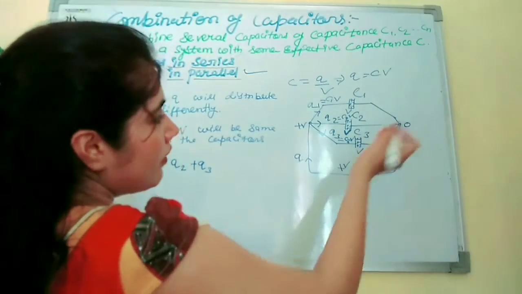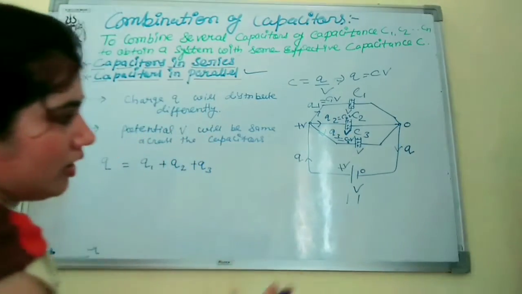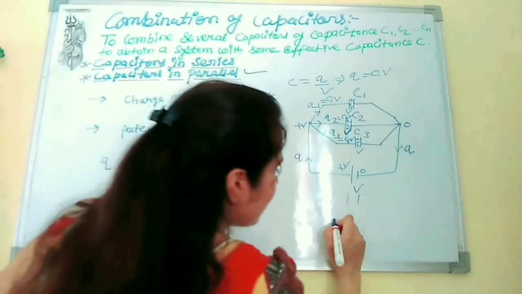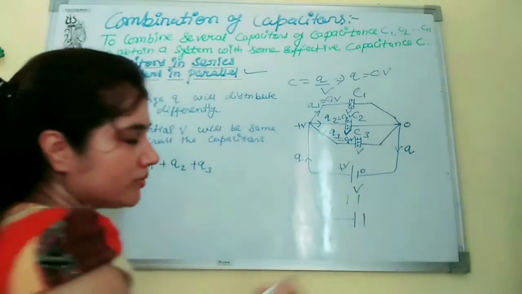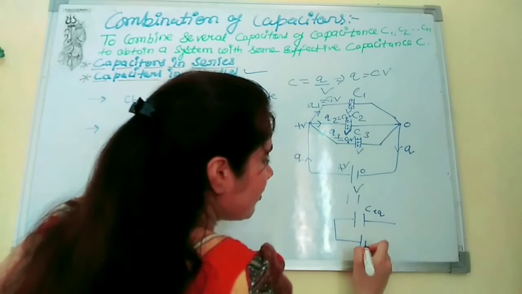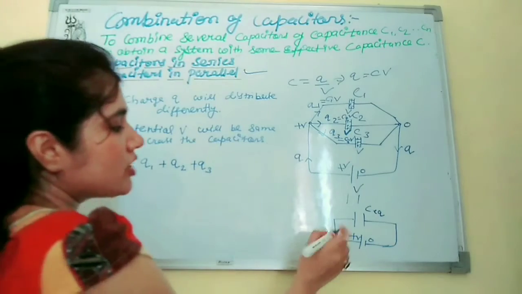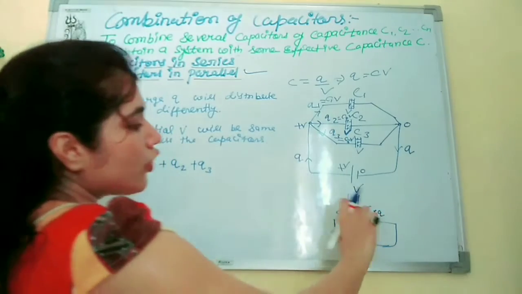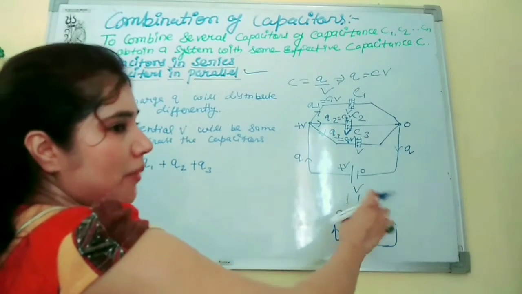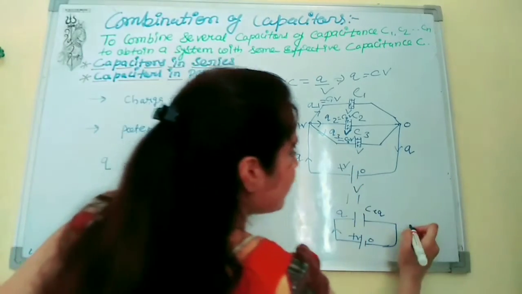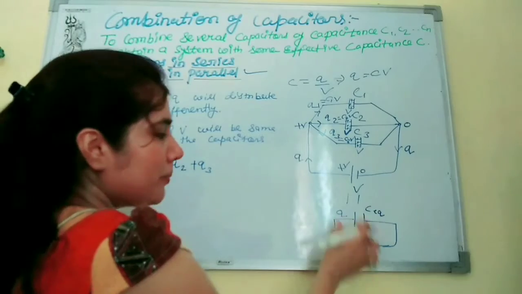Now, if we want the equivalent capacitance, we make a circuit where we take only one capacitor, which we call C equivalent, and again apply the potential, positive V, with zero potential on the other side. Because of this potential, the charge Q will flow across this C equivalent capacitor only, so the charge will not distribute.